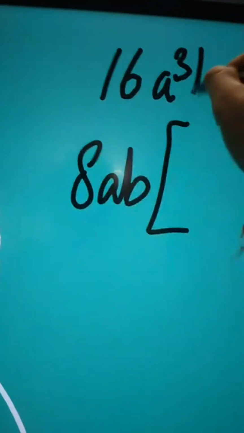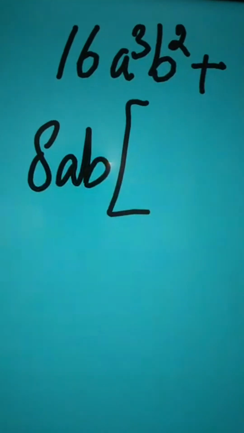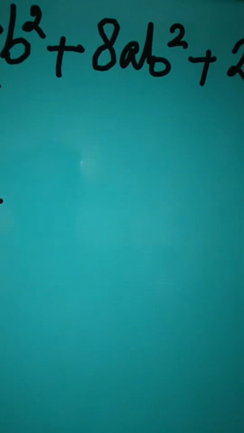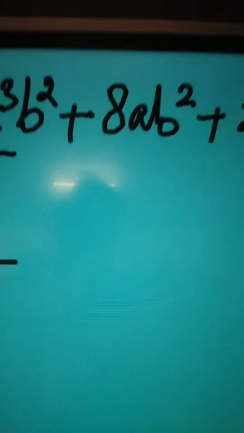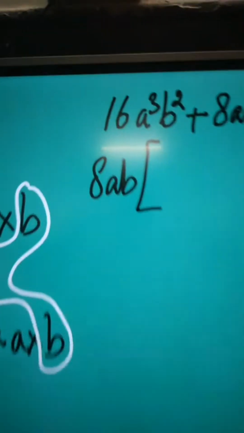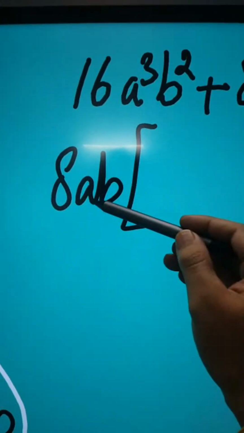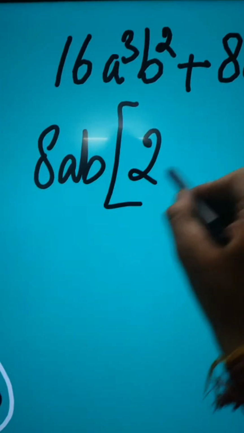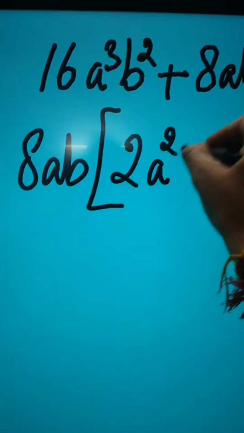The question was 16a cube b square plus 8ab square plus 24ab cube. Now this term you divide by the HCF in your mind. It will give you some answer. You write it inside. So it will become 2a square b.